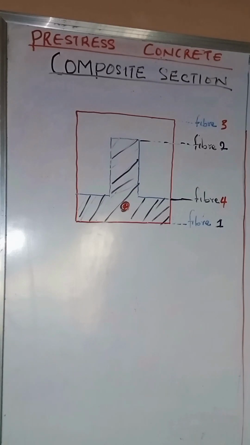In a case where props are used as a support for the section, of course, we know that this will help to reduce the stresses that are induced on the precast section, which is the shaded area. Remember that once the section is propped, the implication is that the additional stresses induced as a result of freshly cast concrete will be taken care of by the props.